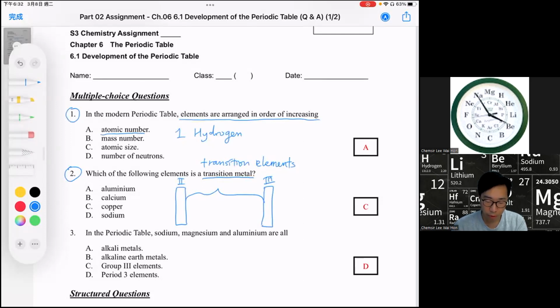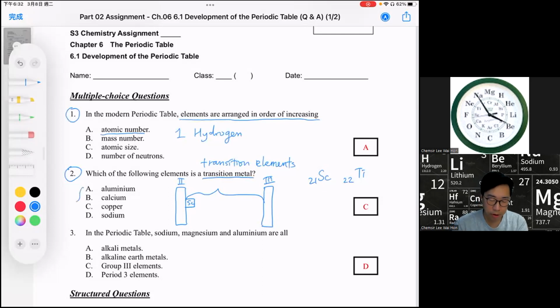Do you know which element is the first transition element? That is the element with atomic number 21, scandium. And then what's next? That is atomic number 22, the element is titanium.